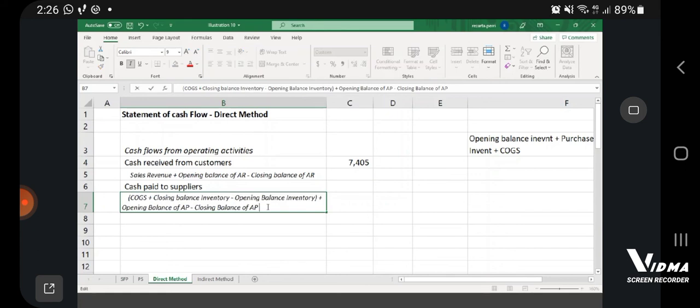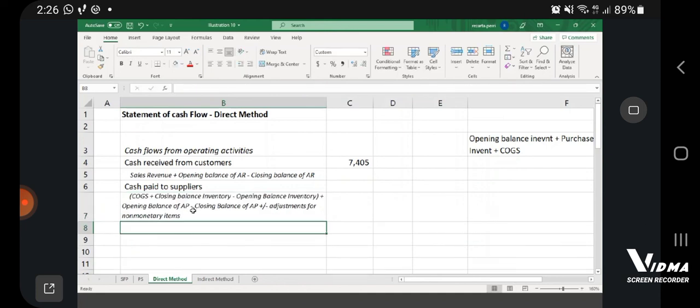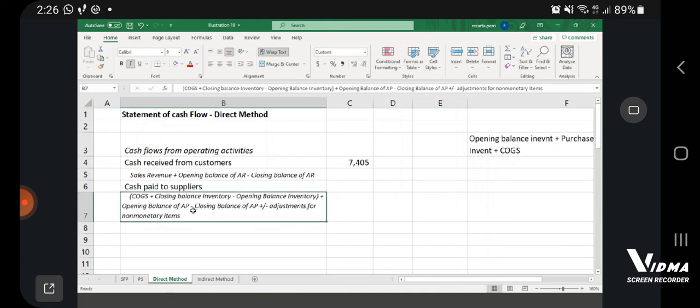And I am adding plus or minus adjustments for non-monetary items. Remember that we have several non-monetary items in this case.